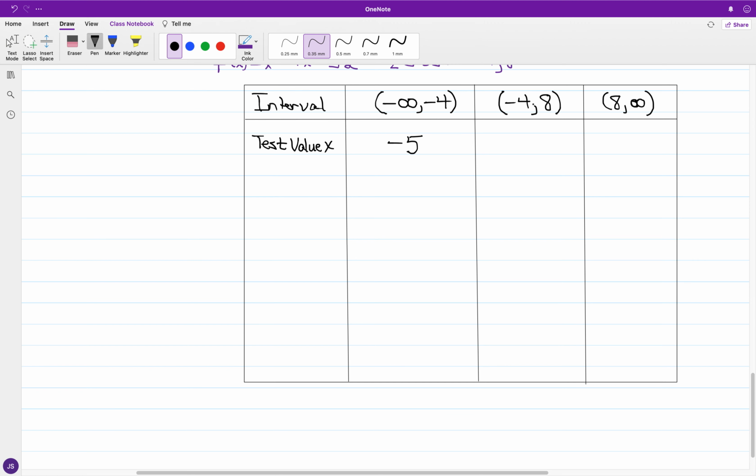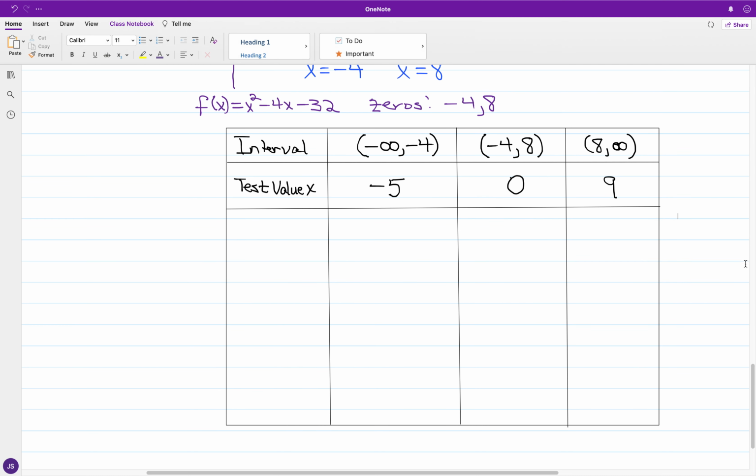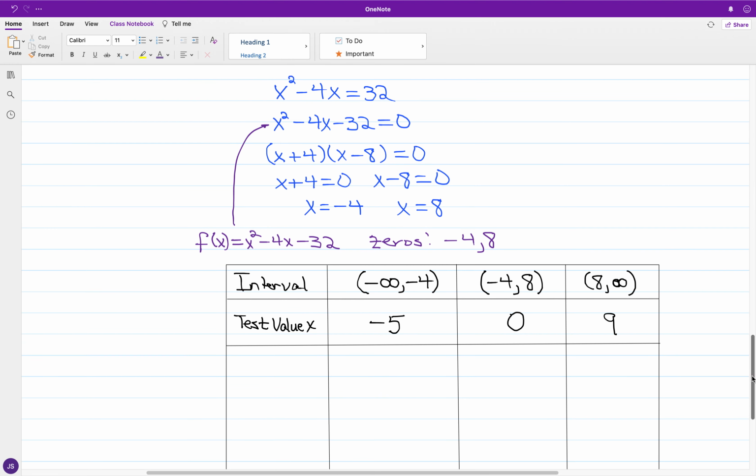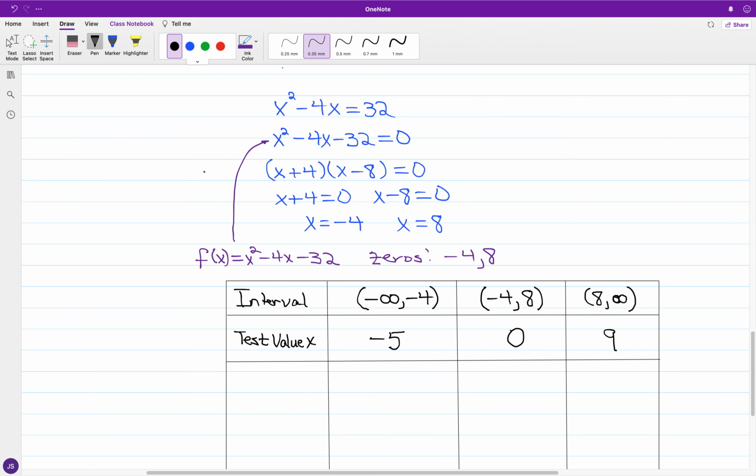Anything greater than negative 4 and less than 8, I can go with 0. And anything greater than 8, I can just go with, say, the number 9. And again, with our function to test, we have f of x equal to x squared minus 4x minus 32.